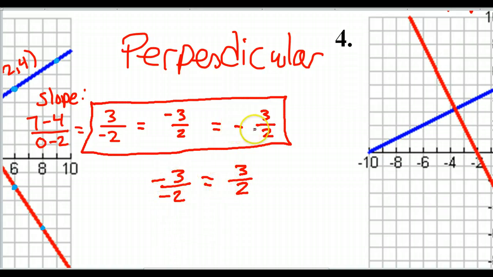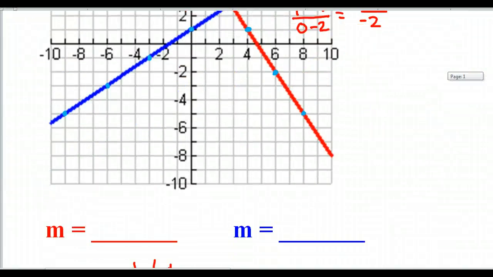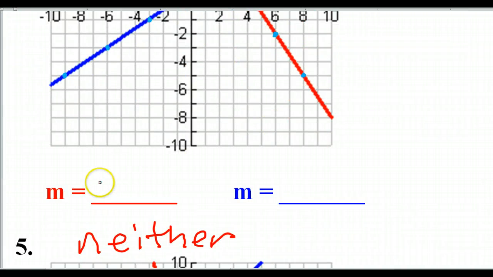So some kids think that if the negative is in the middle, then that's the same thing as having negative 3 and negative 2. But it's not. If the negative's in the middle, that's like having the negative in the top or the bottom, but not both. Okay, so the slope of the red line is negative 3 over 2.